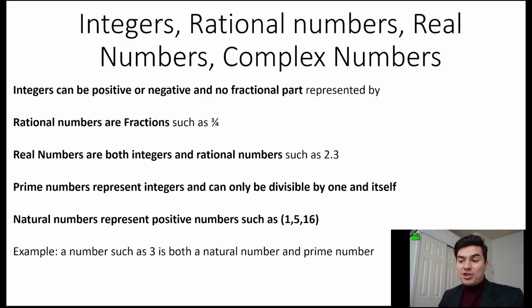Prime numbers are integers divisible only by 1 and themselves, and natural numbers are positive numbers such as 1, 5, 16, or any positive number. I just want to point out that a number such as 3 is both a natural number and a prime number, so some of these can have multiple attributes associated with them.